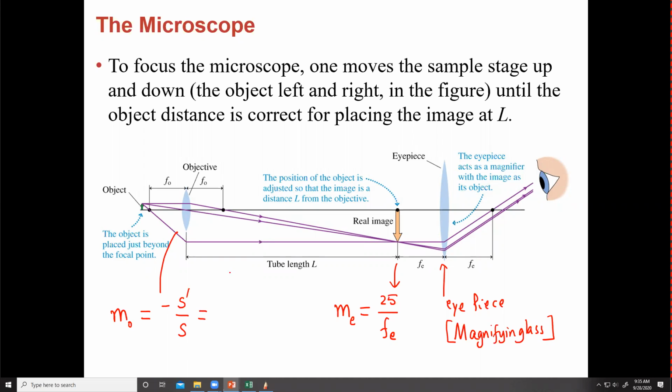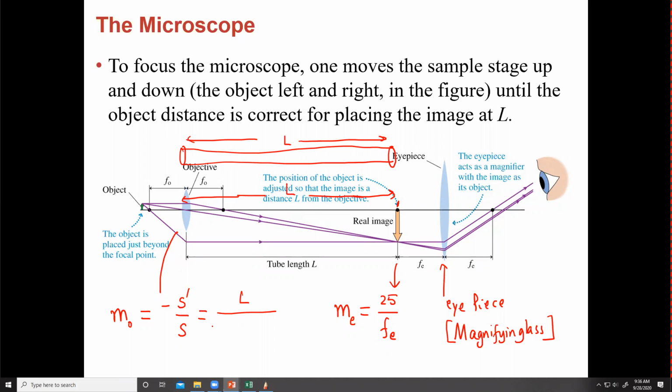In this case, the image is formed here, and this distance is the tube distance or tube length, which is L. So this part fits within the tube. If you have a tube like that in the microscope, that part fits within the tube, which is the distance L. So the image distance is L, tube length, and S is the object distance, from the object to the lens.